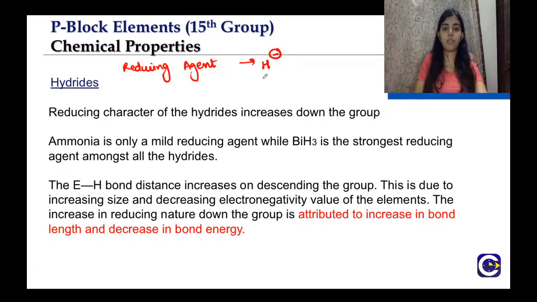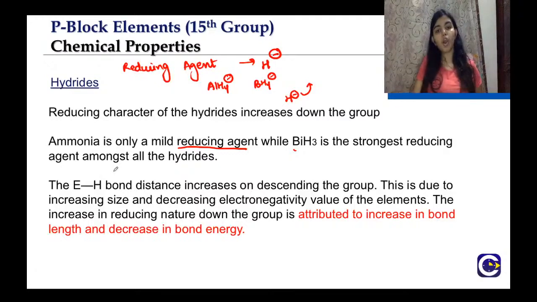In organic chemistry you must have studied that AlH4 minus or BH4 minus act as reducing agents because they deliver H minus. So ammonia is a mild reducing agent, while the hydride of bismuth is the strongest reducing agent amongst all the hydrides.